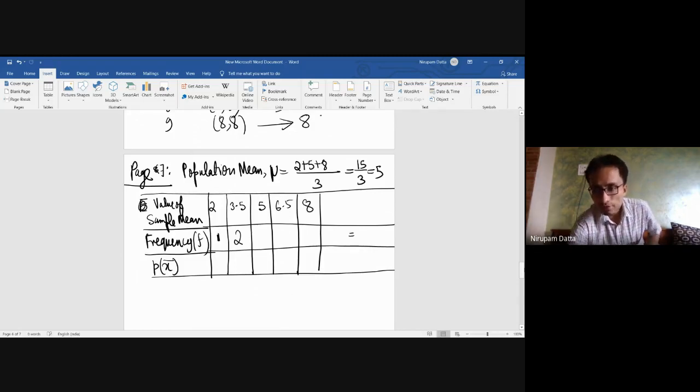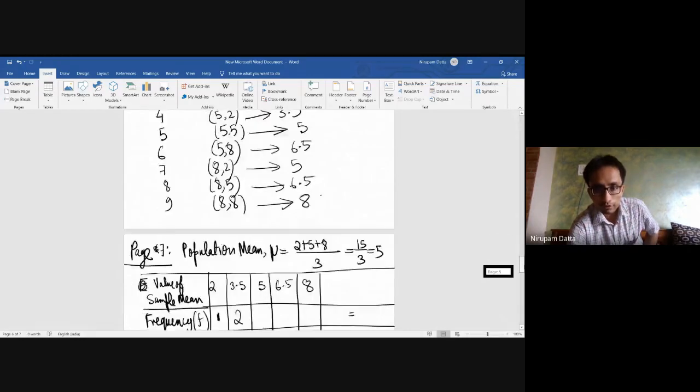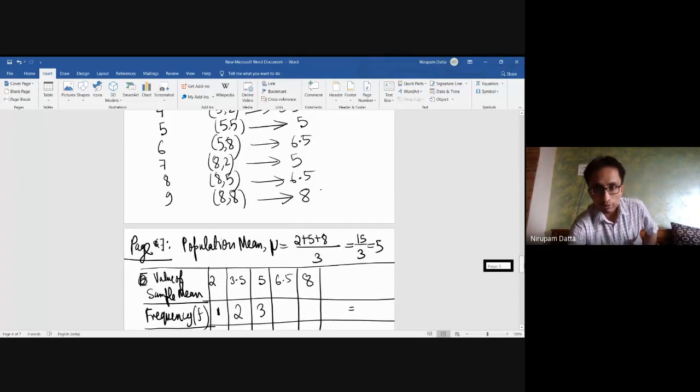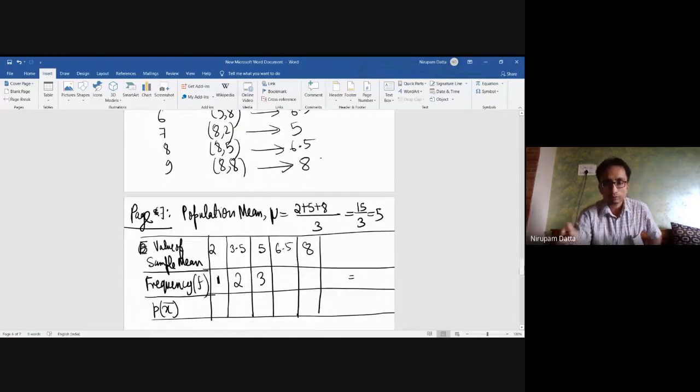So how many times is 5 appearing? 5 is appearing 1, 2, 3. How many times is 6.5 appearing? 2 times. And how many times is 8 appearing? 1.